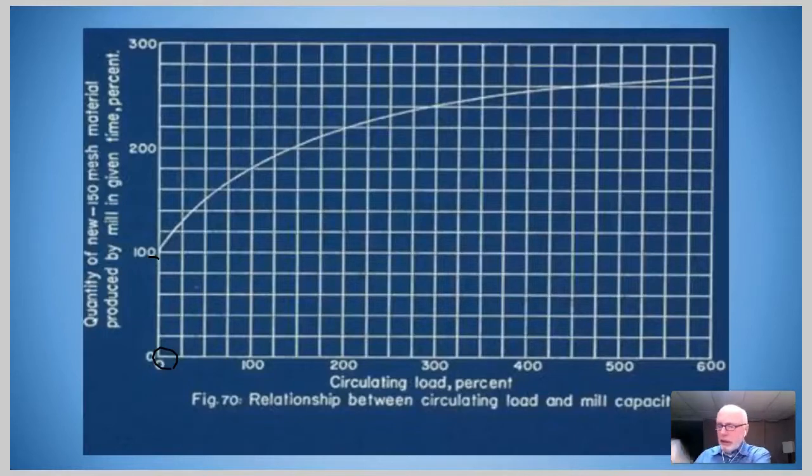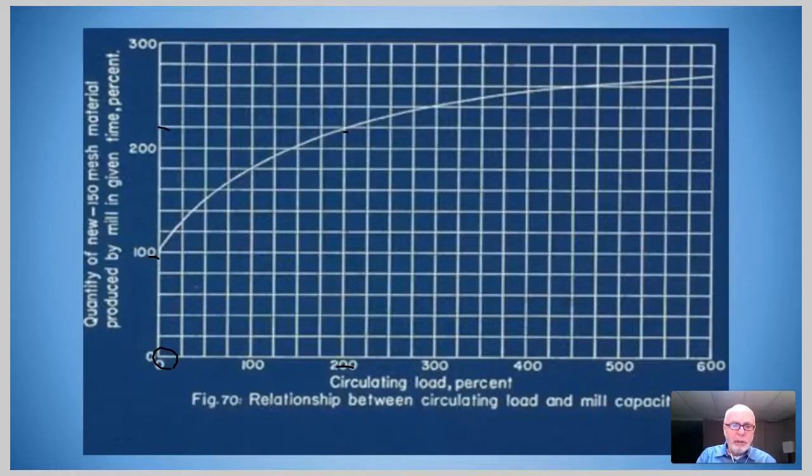Then by closed circuiting the mill, the circulating load of say 200%, the capacity of the circuit increased all the way up to 220 tons an hour. So by closed circuiting and operating with a circulating load of 200%, that is, the mass flow through the mill was 2 times the tonnage of the circuit, the productivity of the circuit more than doubled.